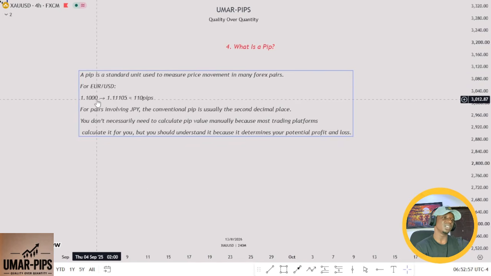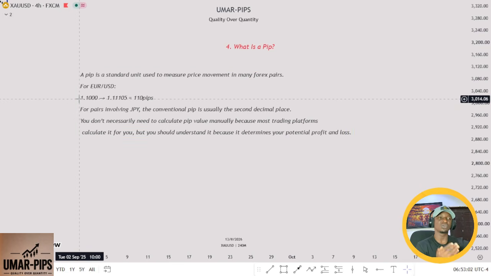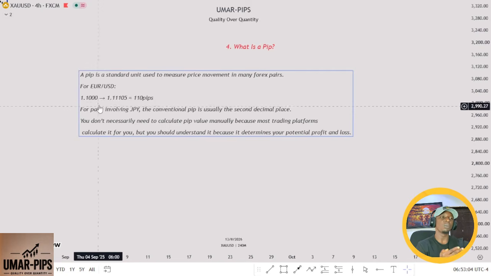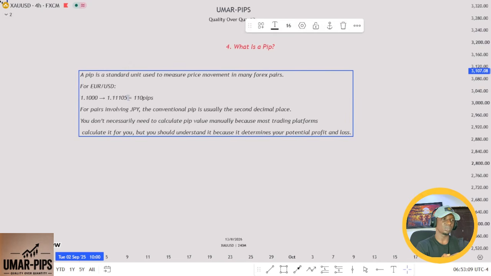Okay, for example, Euro USD. When its price changes from 1.1 to 1.11, sorry, I mistakenly put this 5 like this. So it gives you 110 pips. How are you going to calculate this? You just say this price minus this price, it will give you 110.